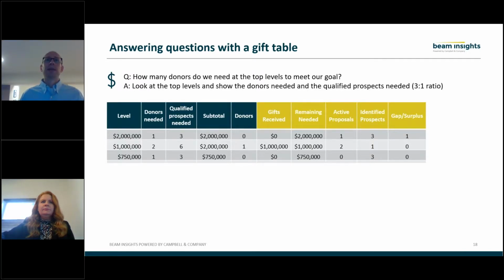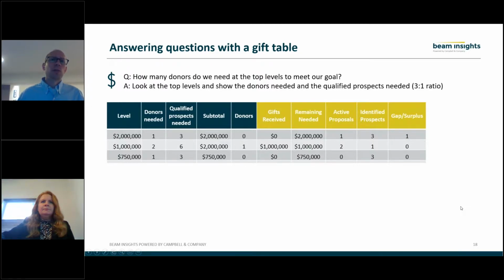Understanding how heavy the gift table is going to be, how many prospects you have at that level, and what work you need to do internally in order to affect a successful outcome at the top level of the table is pretty critical to understanding if you're going to be successful or if you need to make adjustments.